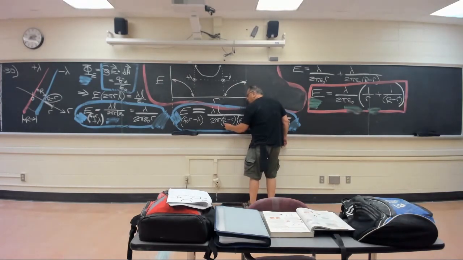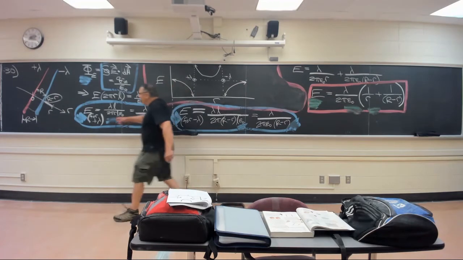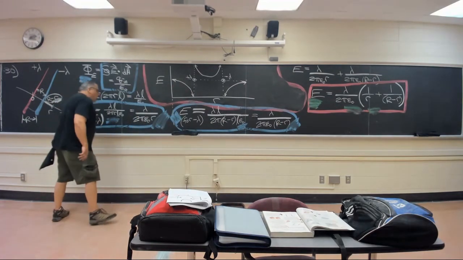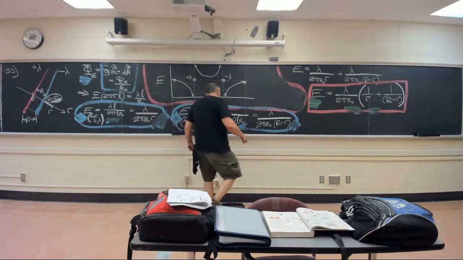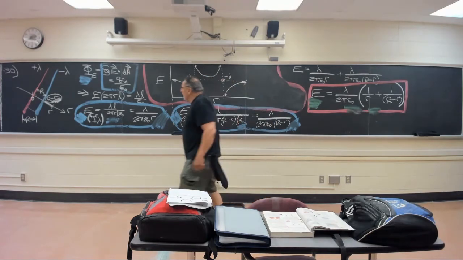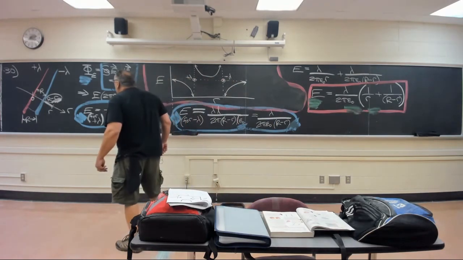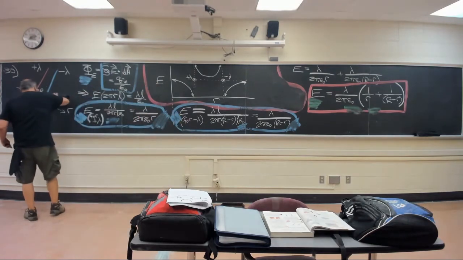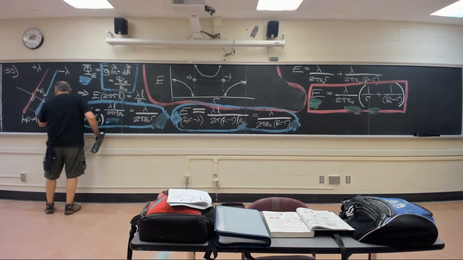For the blue, R equals negative lambda, it's this. It's going to be R minus R, capital R. Forgive me, it's not that. It's going to be small r. It's the same dynamic, but it's going to be capital R minus big R.